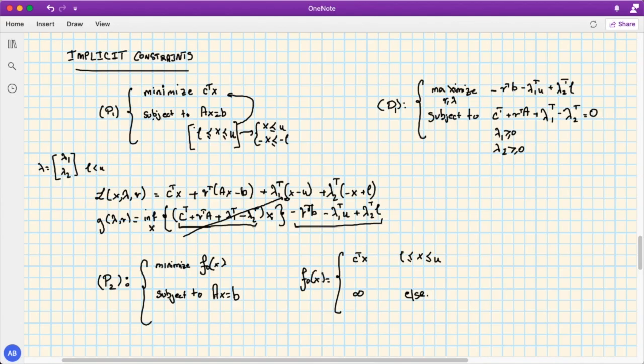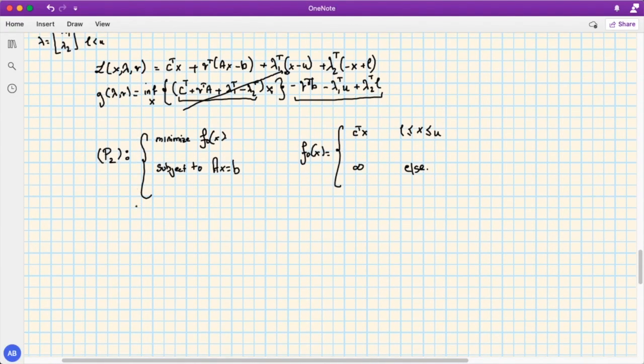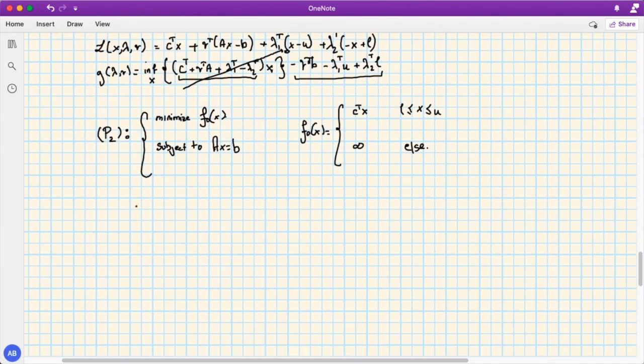So to me, P2 is the same as P1. Well, let's take a look at the dual problem. As we did in all the problems, to get D2, I need to pass by g of nu, that is the infimum of the Lagrangian function. So the infimum over x of f0 of x plus nu transpose (Ax minus b).